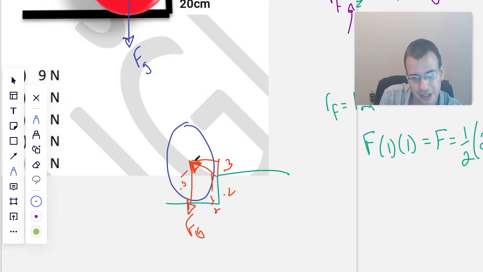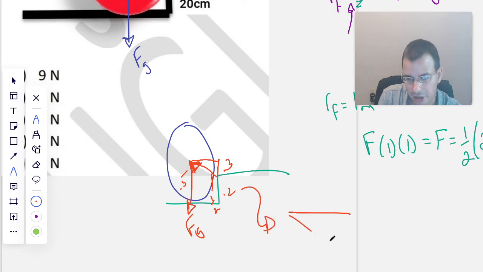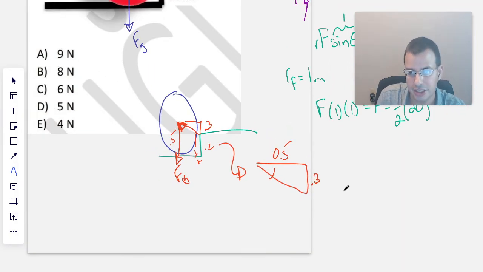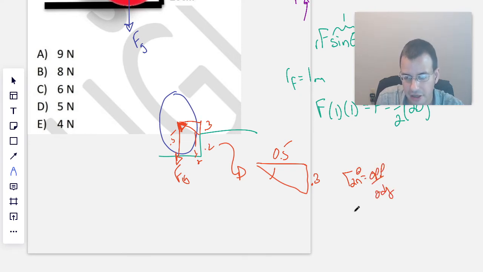And so if we look at this triangle right there, we have a triangle that looks like this. So this is going to be 0.3, this can be 0.5, and therefore this angle right there, we'll do SOHCAHTOA. Tangent is opposite over adjacent, tangent of theta. And this theta then is going to be the arctangent. I know my handwriting is terrible, and I apologize.